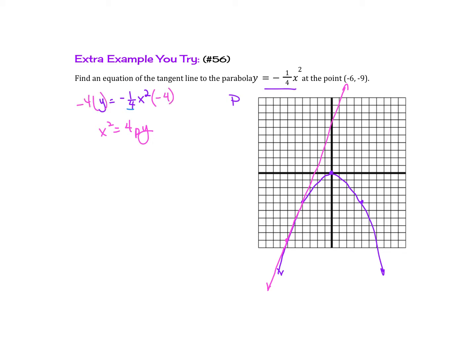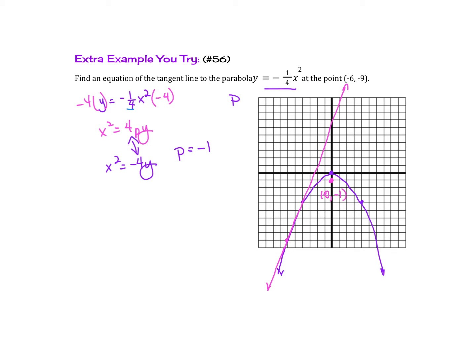Let me rewrite it in the format they have it in, which is x squared equals -4y, right? So that's the same as y equals -1/4 x squared, just in a different form. So now we can see that P equals -1. Therefore, the focus is 1 down from the vertex. So that is (0, -1).